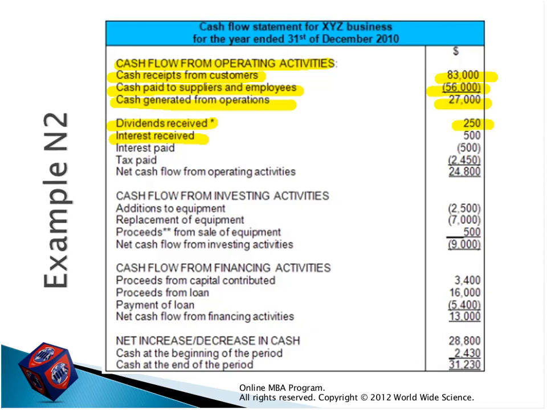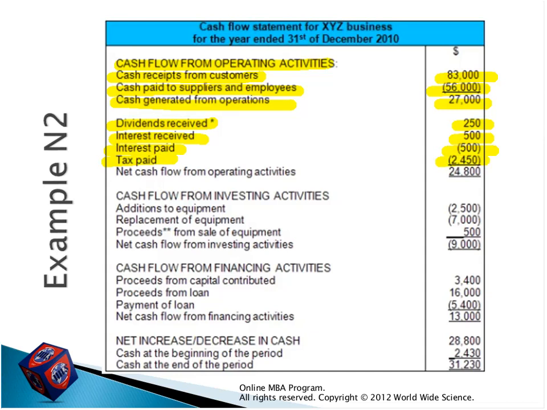Maybe the company lent a loan to its partners and received some interest, like 500 USD. Next one, interest paid. The company has taken a loan from the bank and paid 500 in commissions, and it comes with a negative, right? The next one, tax paid. If the company pays tax, that cash goes out of the company and comes with a negative amount of 450.